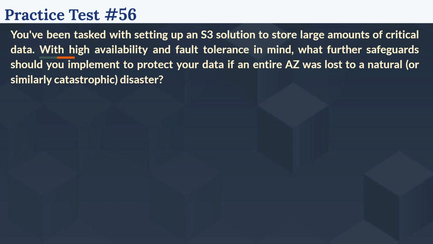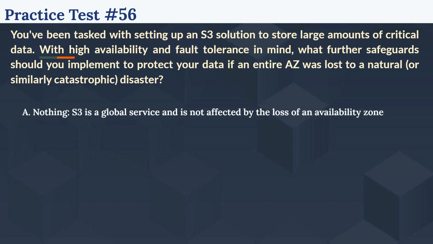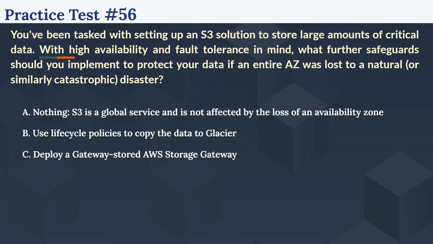So the options are option A, nothing. S3 is a global service and is not affected by the loss of an availability zone. Option B, use lifecycle policies to copy the data to Glacier. Option C, deploy a gateway stored AWS Storage Gateway. Option D, none of the above.